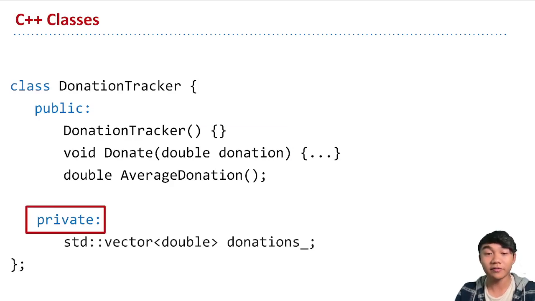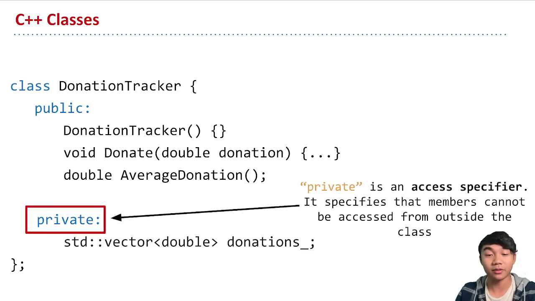In the private section of the class, we list the members that we want to hide from the outside world. So this keyword essentially says that everything under this indented block in the private section can't be accessed from outside of the class. These things can only be accessed from within the class.